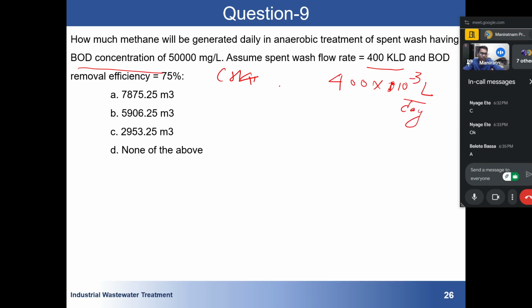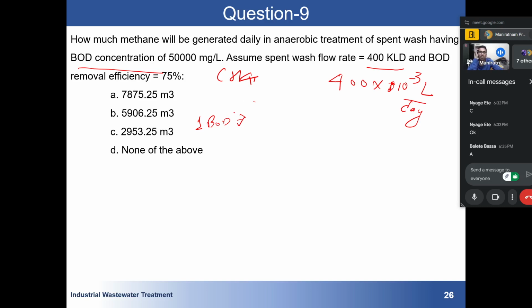So here you have to apply two things. You should know how much methane is produced per kg of BOD. Does anyone remember how much methane in meter cube is produced per kg of BOD?